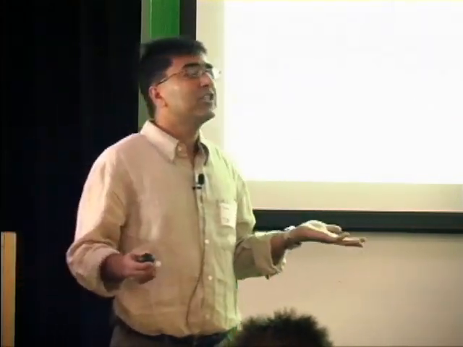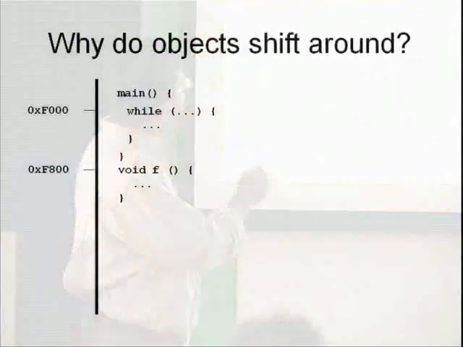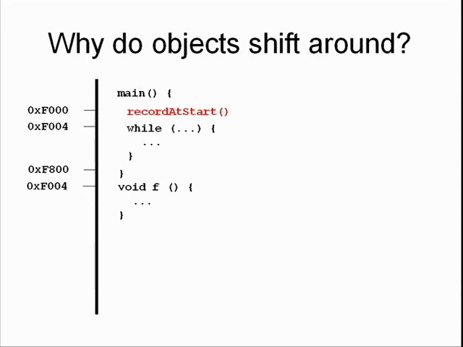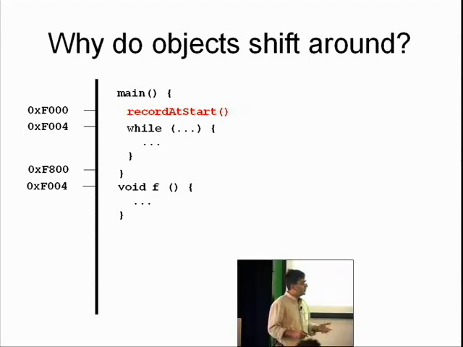Now, why do objects move around when you collect data? Imagine this is our program, and this is an important loop. This gives the memory addresses of the various parts of the program. In order to collect data, at the very least, you need to add a little bit of instrumentation at the beginning of the program to initialize your data collection.